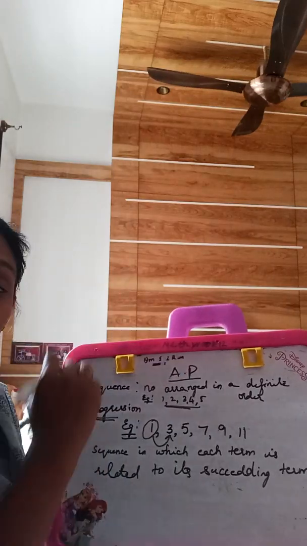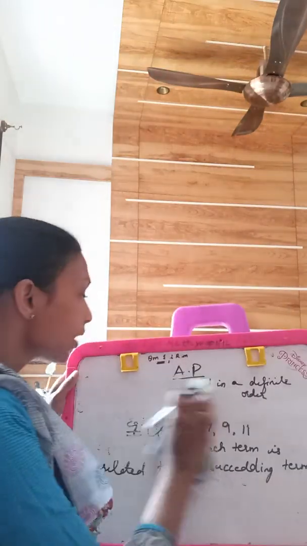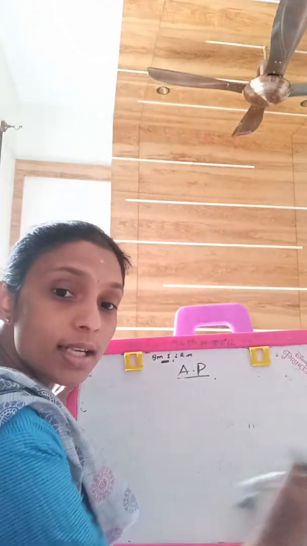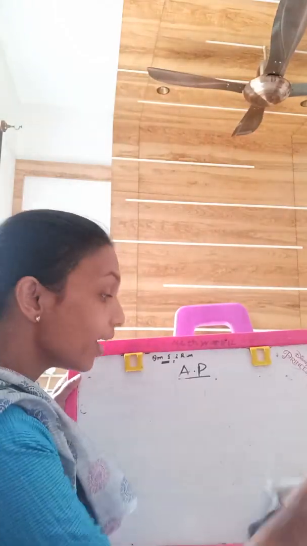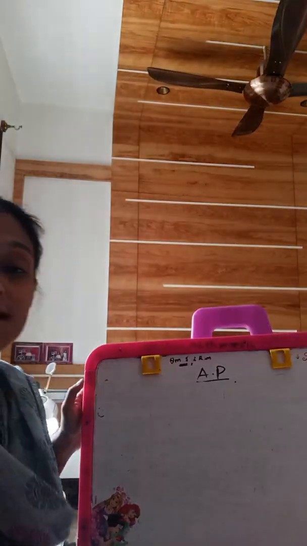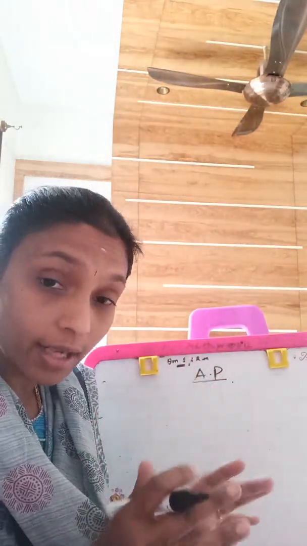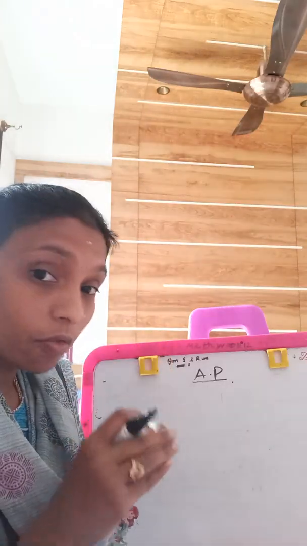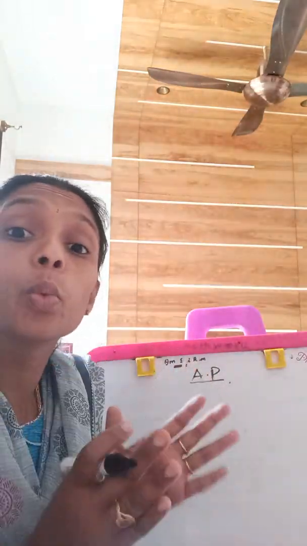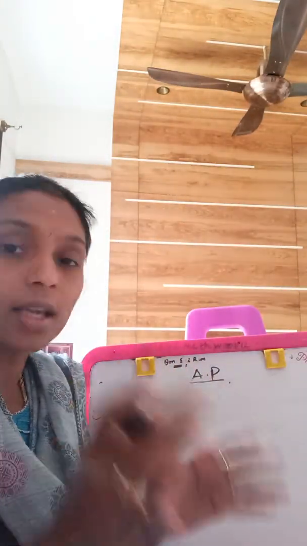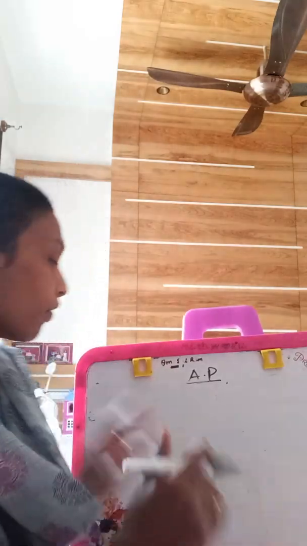Now let us move on to arithmetic progression. What is arithmetic progression? Arithmetic progression is nothing but a sequence of numbers in which the difference between two consecutive terms is constant. This is the definition.